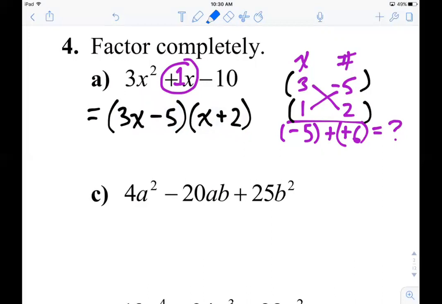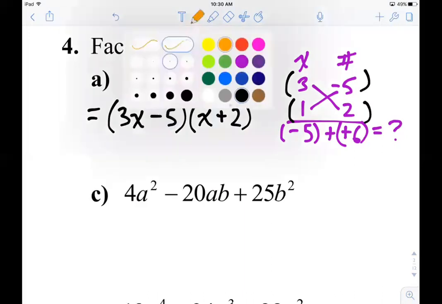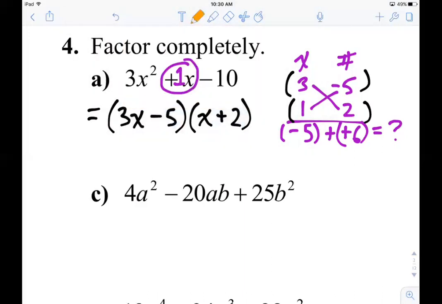So what was it about this crisscross that happened? Well, if you remember, if I was to expand this out, I would not only do 3x times x, and I would not only do negative 5 times 2, I would also have to do, more importantly, 3x times 2 and negative 5 times 1x.